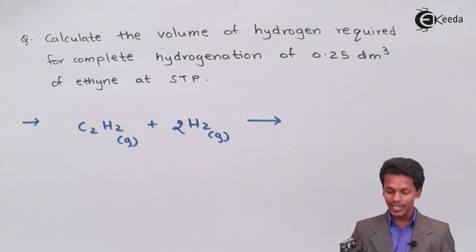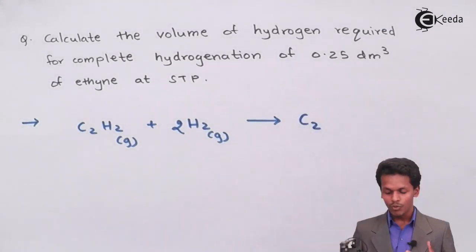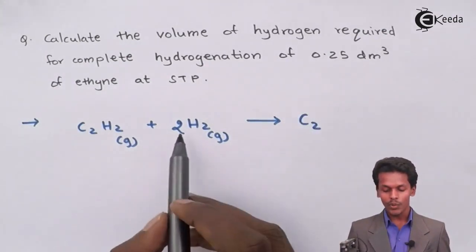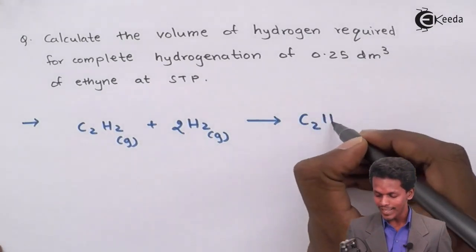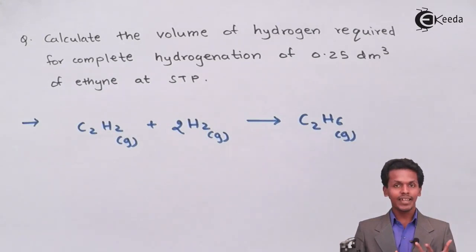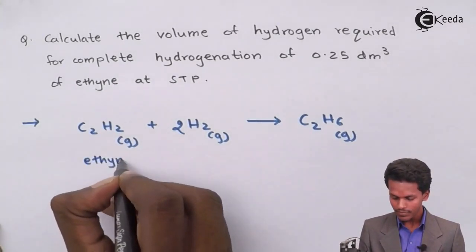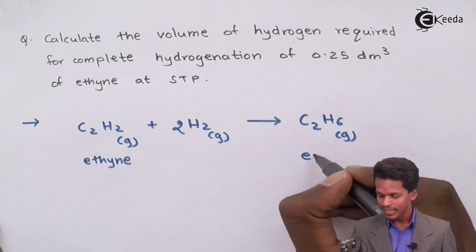The number of carbon atoms remains the same, C2, while the hydrogen makes it C2H6. To make it clear, I would write this as ethyne, and this as ethane.